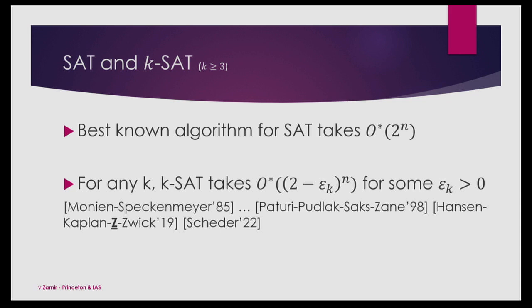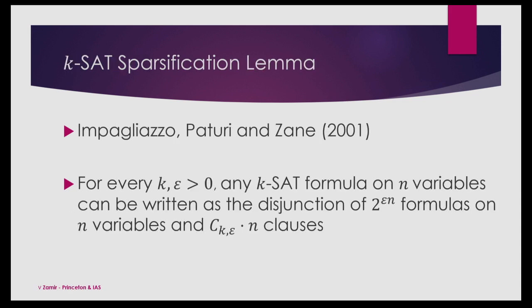So for every constant k, there is a (2 minus epsilon) to the n algorithm, where epsilon depends on k, that solves k-sat. One other thing I want to mention about k-sat is something called the Sparsification Lemma. This is a result of Impagliazzo, Paturi, and Zane from the same paper in which they defined ETH and SETH. It is something that is used a lot in all of the SETH lower bounds.